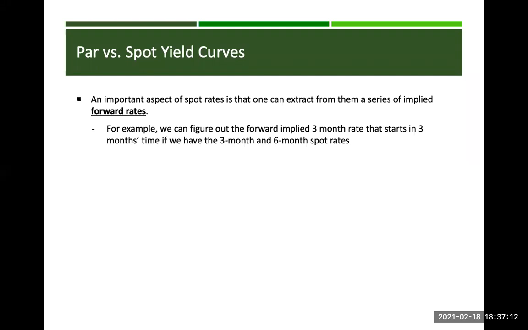Looking at the spot rates for 1 year and 2 year, what's the implied 1 year interest rate that starts 1 year from today and matures 2 years from today? What's the implied interest rate that starts 9 years from today and matures in 10 years from today? It's a 1 year instrument, but the start date is 9 years away.